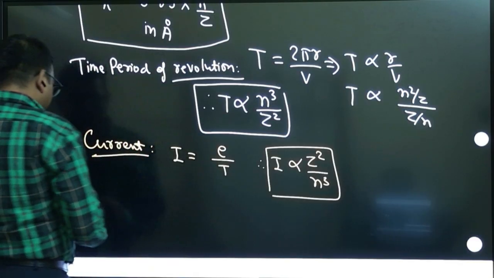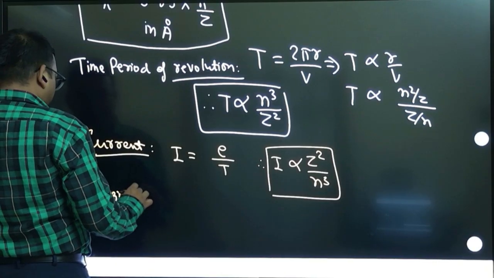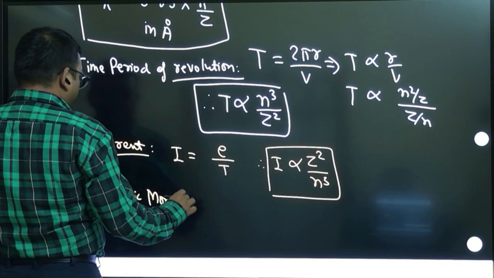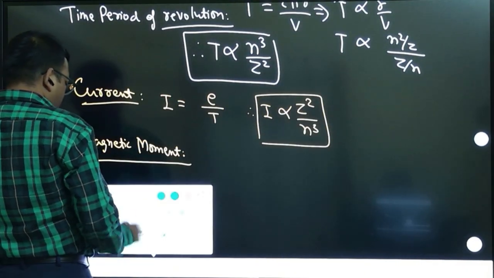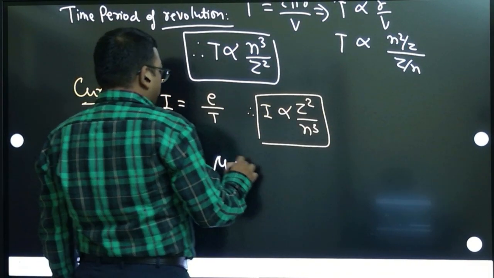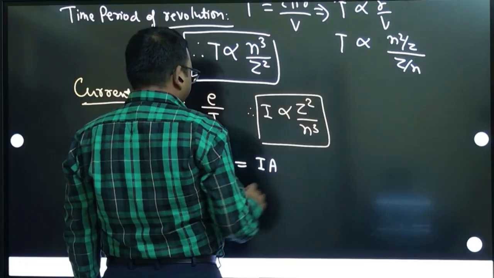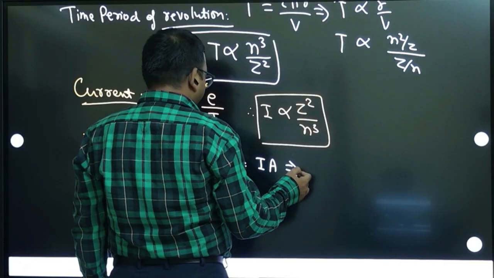That's how current is proportional, right? Then they may ask about magnetic moment. Suppose they ask magnetic moment. So what is magnetic moment? Magnetic moment mu is equal to current into area, right? Current we know already. Area is pi r square.